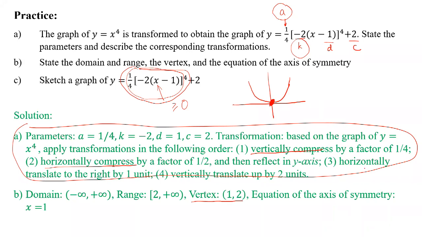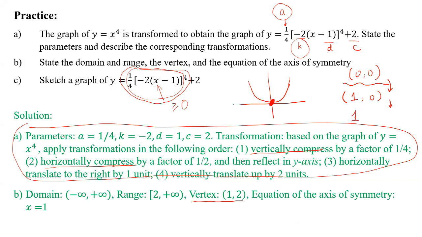The third transformation states that the curve should be horizontally translated to the right by 1 unit. So if the original vertex is 0, 0, after translation the vertex becomes 1, 0, right? And the fourth transformation, which states vertically translate up, also has an impact on the vertex. This means the vertex is also translated up by 2 units.